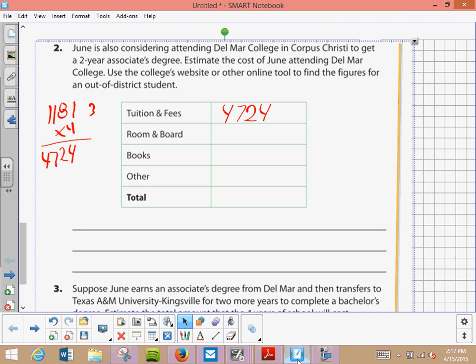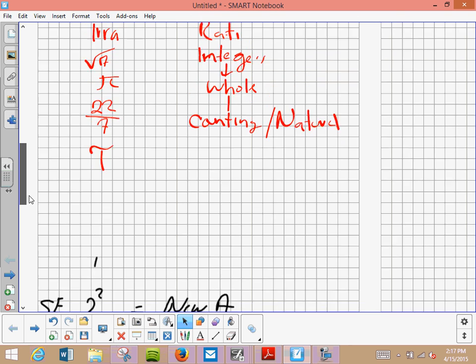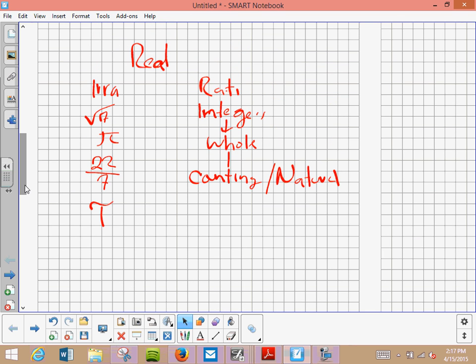So if we went back over here, I think I had it written down there. We have real numbers on top, which is the biggest umbrella, right? And under real numbers, we have irrational, and then we have rationals. In irrational, we have all these crazy ones, square root of 7, and pi, and then 22 over 7, and tau, which you probably never see. For rational numbers, right under it, we have integers.